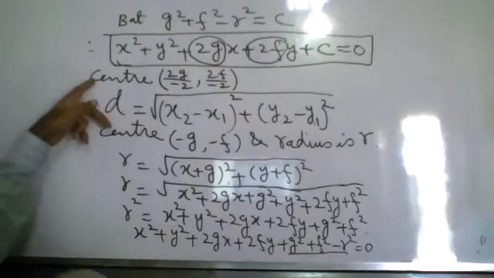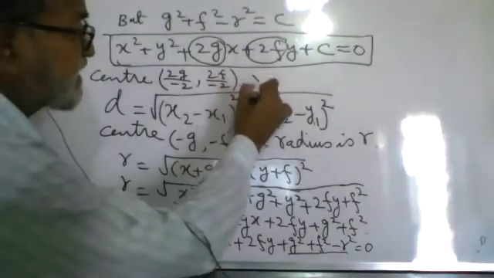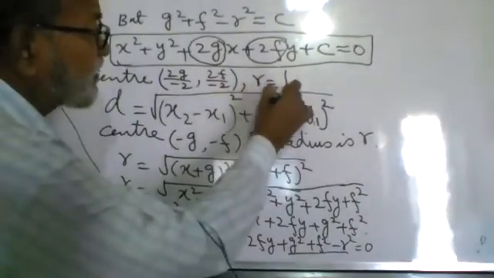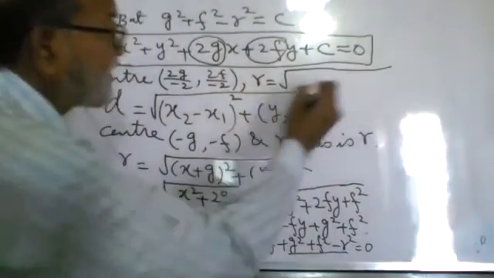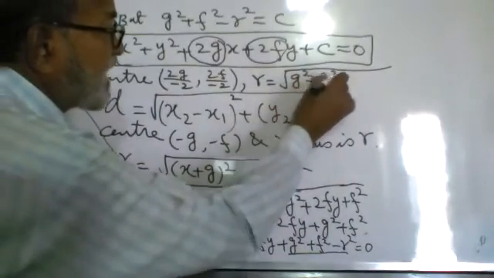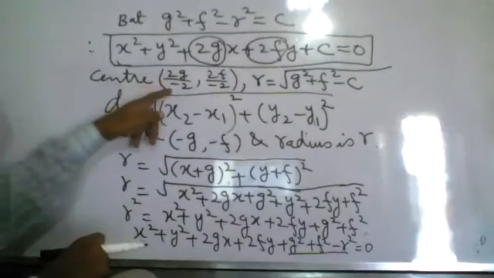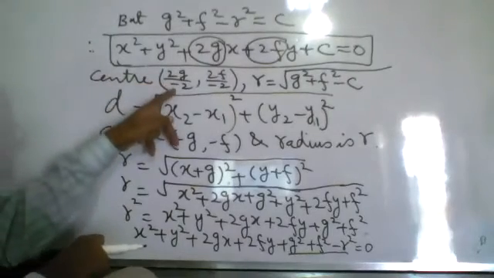This is the way how to find the center when the equation is given, and how to find the radius. Radius will be equal to under root g square plus f square minus c. First we find the value of minus g, the coordinate of the center.